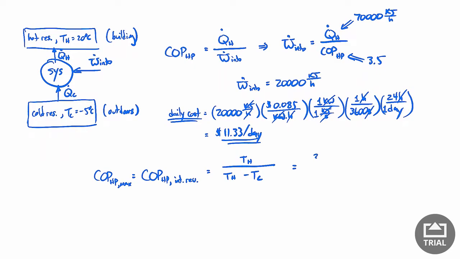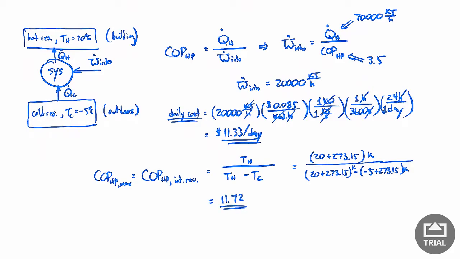In the hot reservoir, it's 20 degrees Celsius. But again, we'll convert this over to Kelvin, so we'll add in 273, and then we take the difference in the denominator. In the denominator, I don't really need to put in the 273 because I'm taking the difference, but I'll just put it here to be thorough. So there's Kelvin in the denominator as well. And when you work out the numbers for this, you'll find that the maximum coefficient of performance is 11.72.